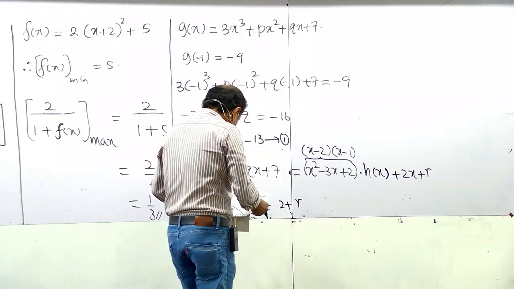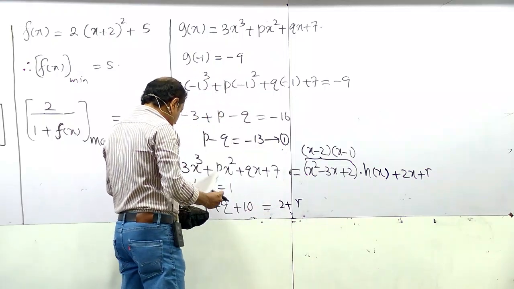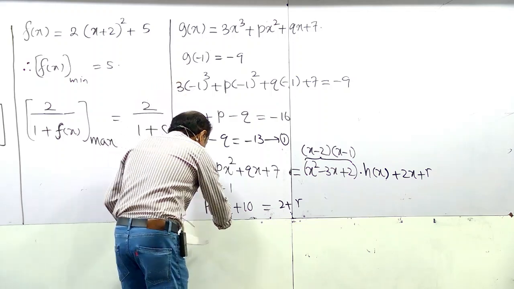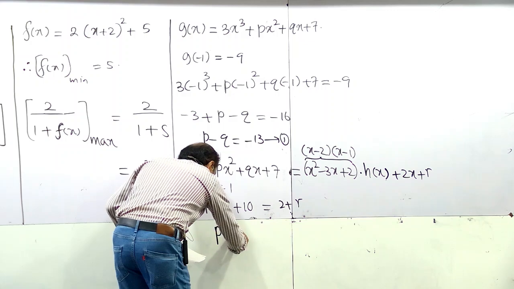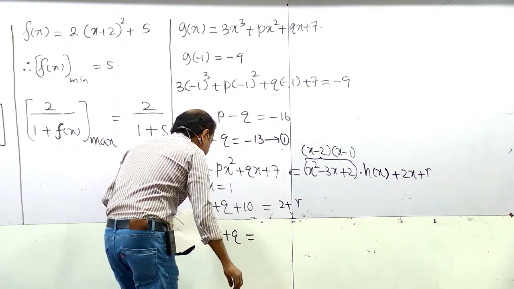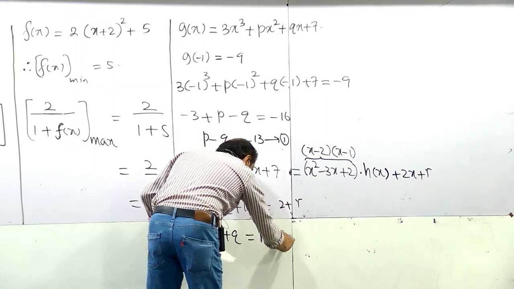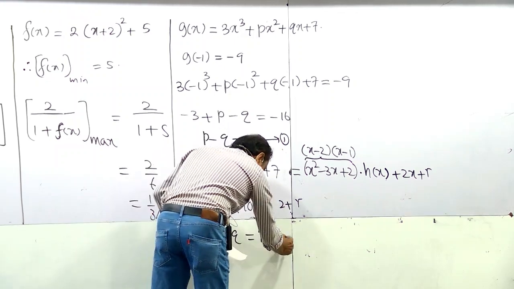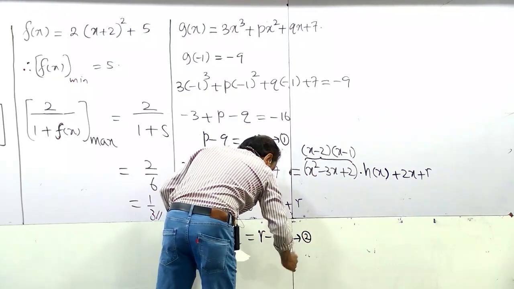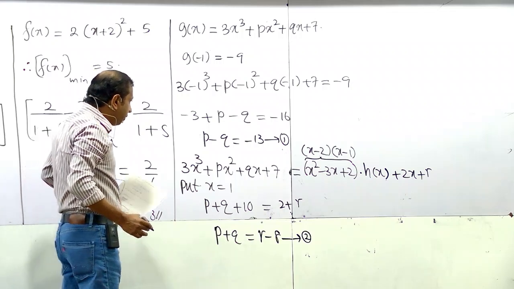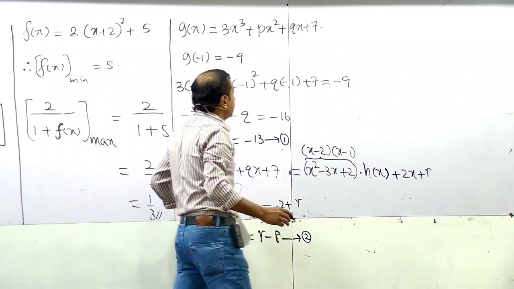When you put x equals 1 there, finally we get this way an equation p plus q is equal to r on the right hand side, take this 10 to right hand side, minus 8. This is number 2. And next one, put x equals 2. Put x equals 2.